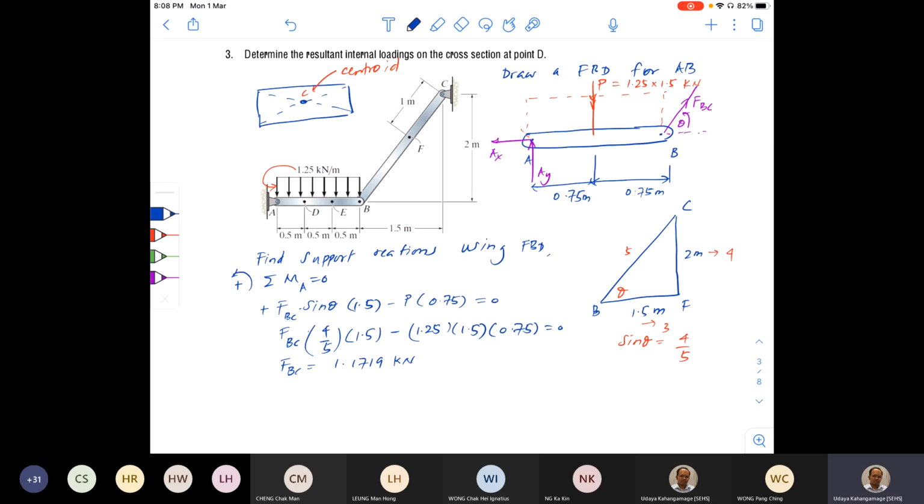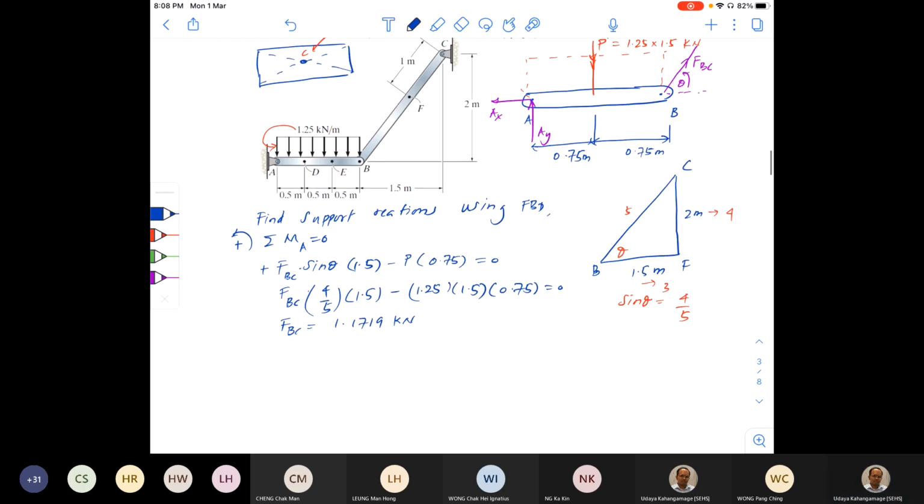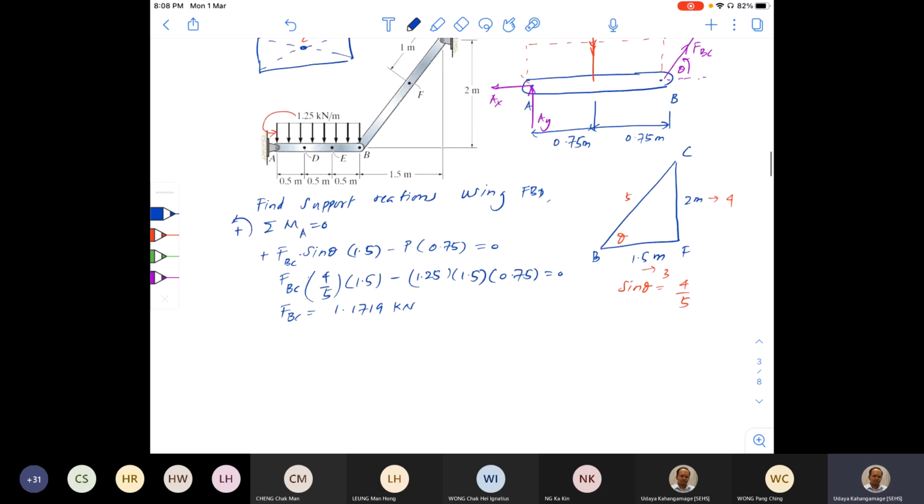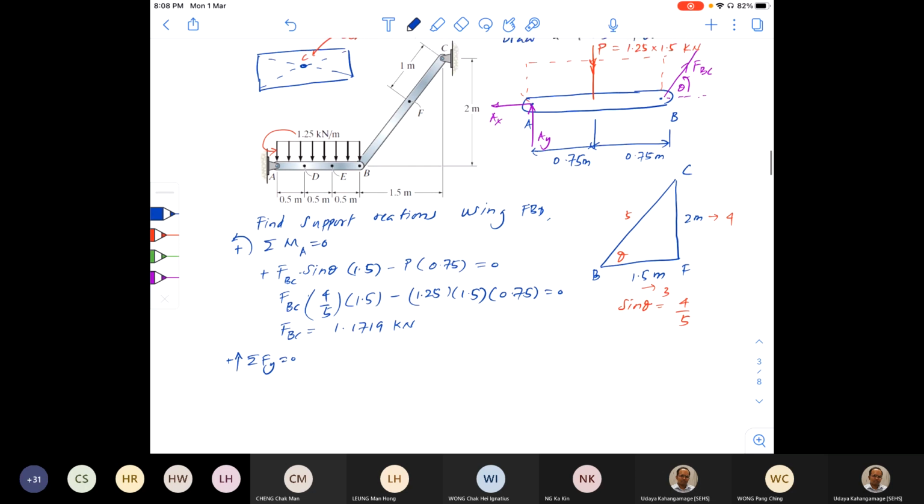So now find out AY and AX, because we might need them. So I take force in Y direction. That is AY minus P plus again FBC into sine theta.